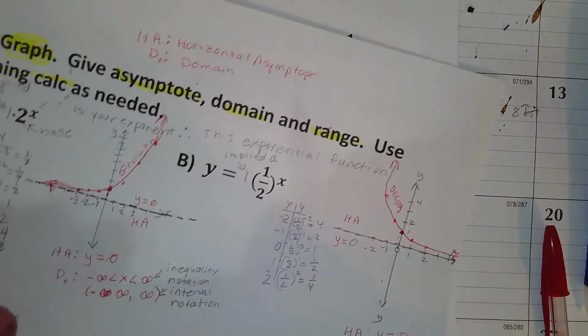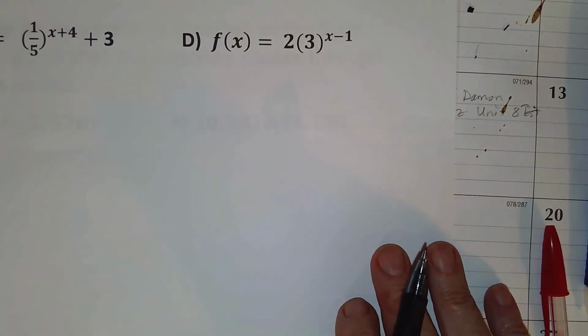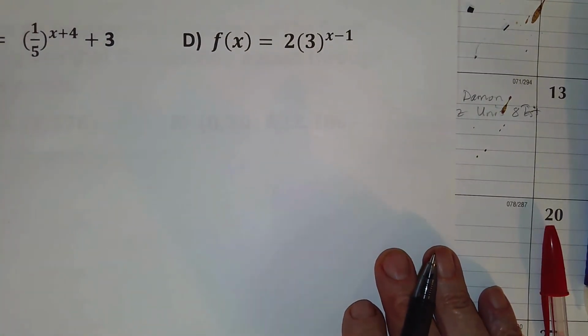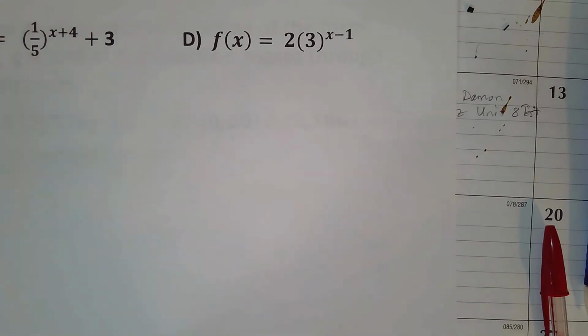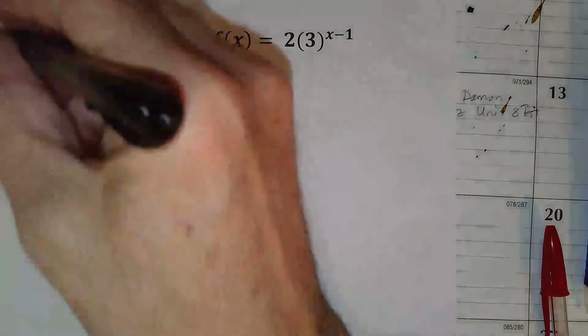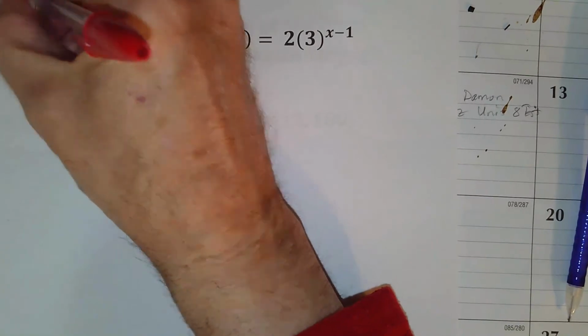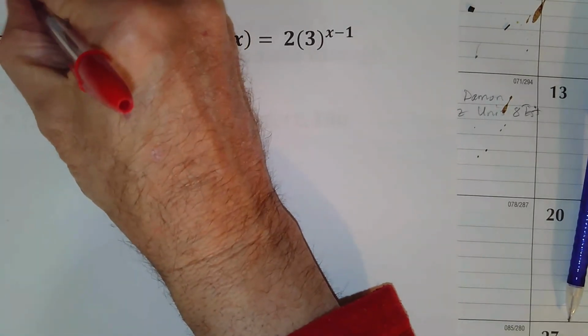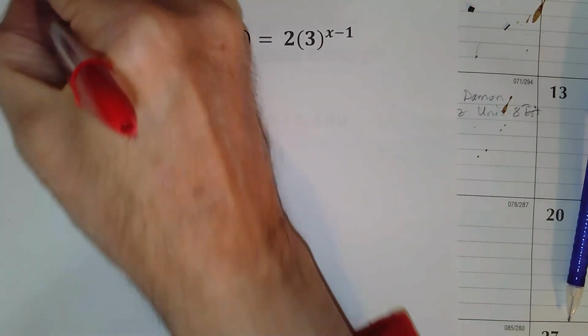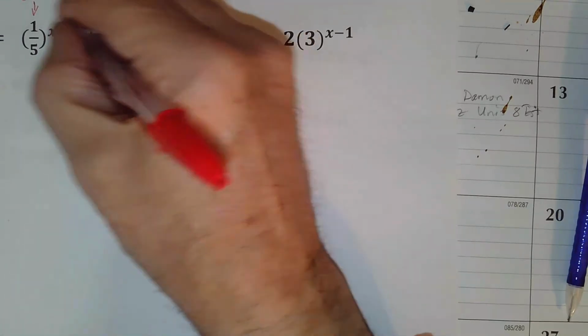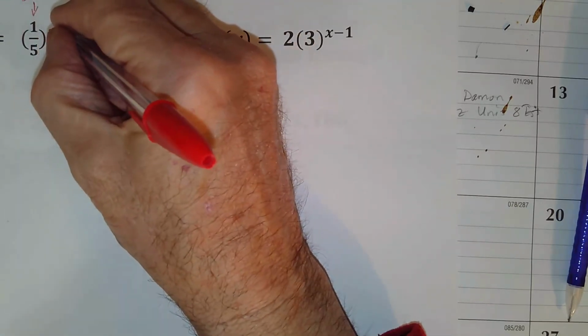So let's move on. Let's take a look at a situation where other things are happening. All right. So in this particular situation, you've got a base of 1/5, so that's telling you decay. And this x plus 4 is your exponent, okay?